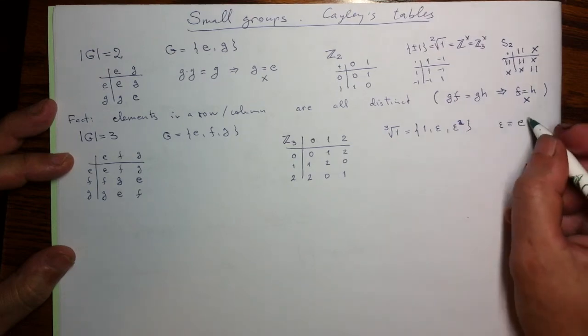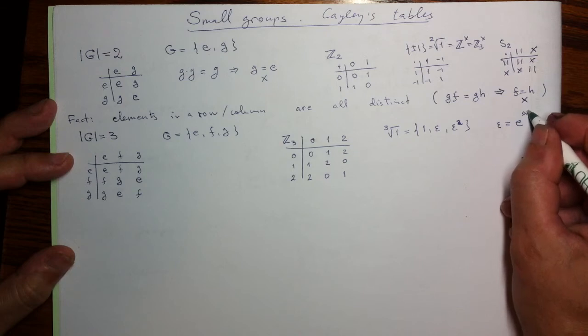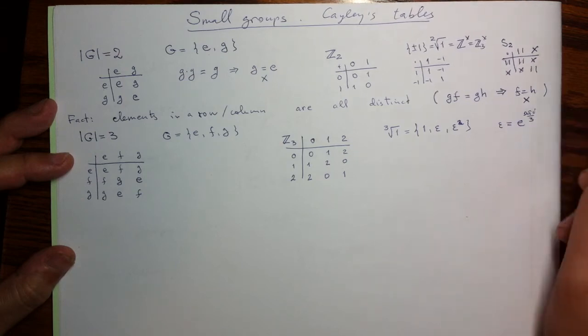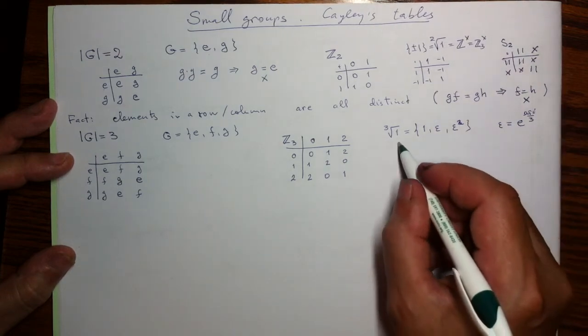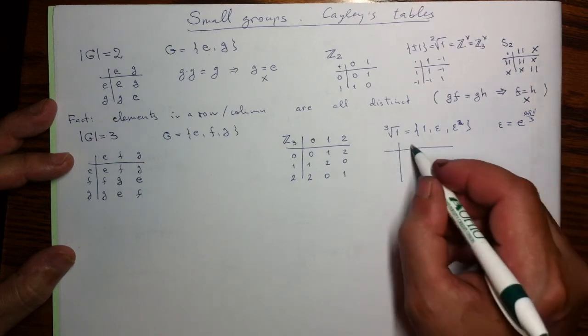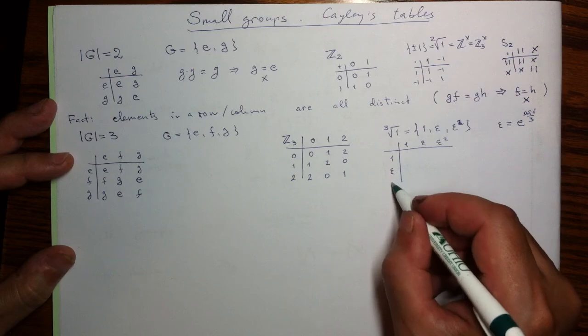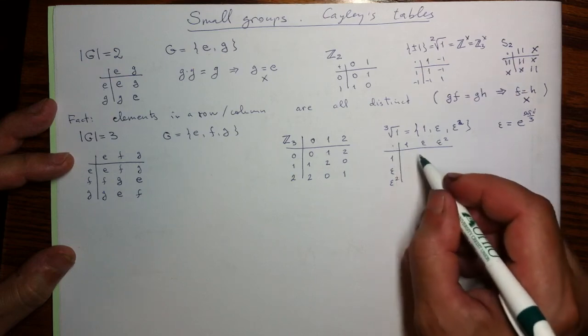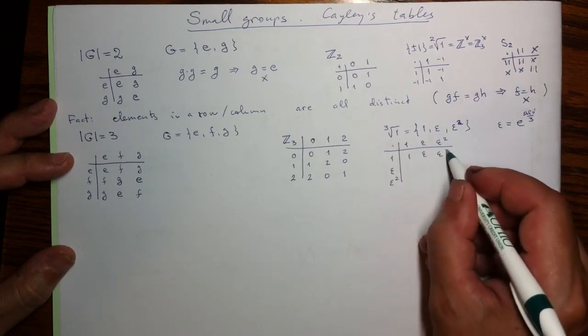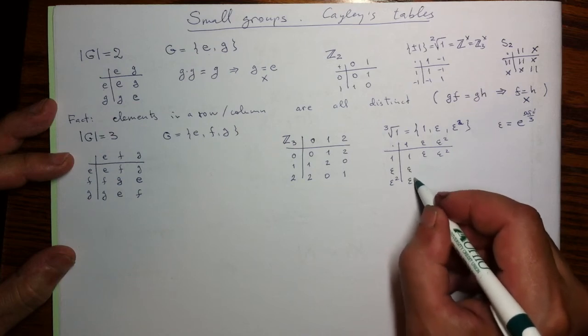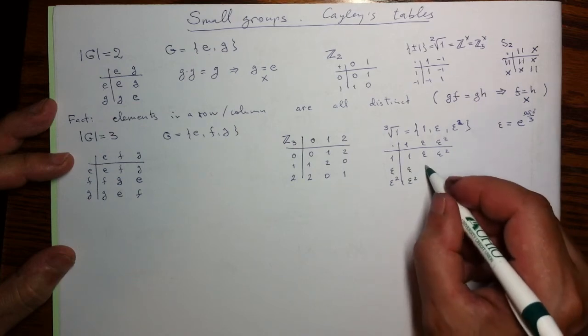Epsilon will be this e to the 2 pi i over 3 in Euler's notation. So then the multiplication table for these complex numbers will, no surprise, be fitting the template.